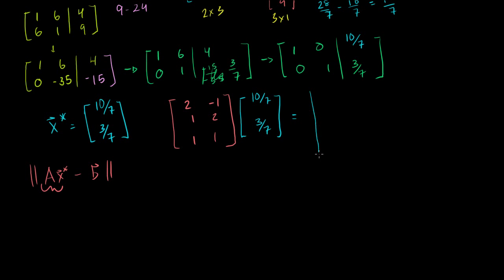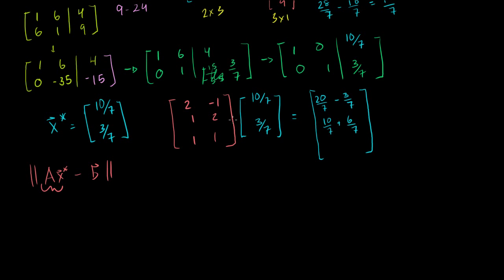It's going to be a 3 by 1 matrix. So we get 2 times 10/7, which is 20/7, minus 1 times 3/7, so minus 3/7. Then we have 1 times 10/7 plus 2 times 3/7, which is 10/7 plus 6/7.